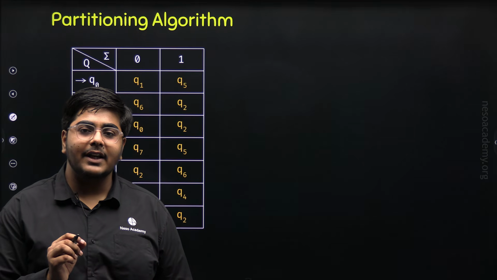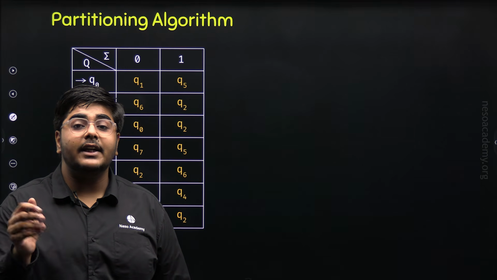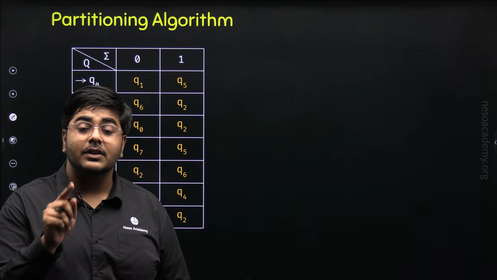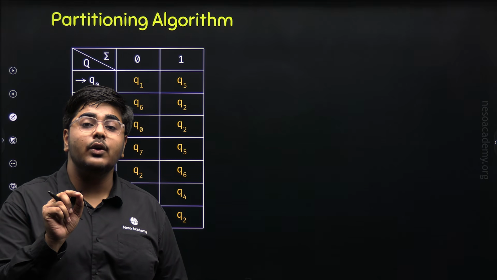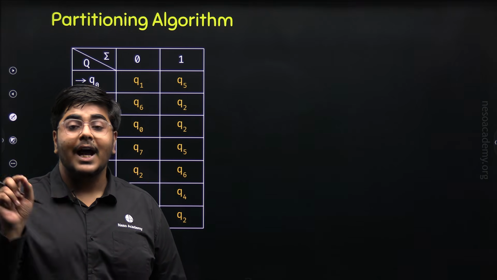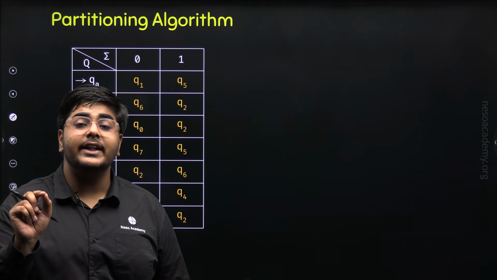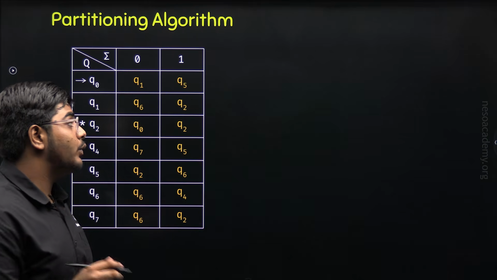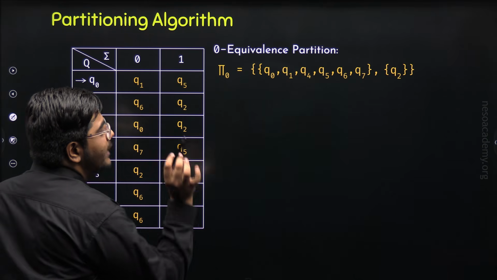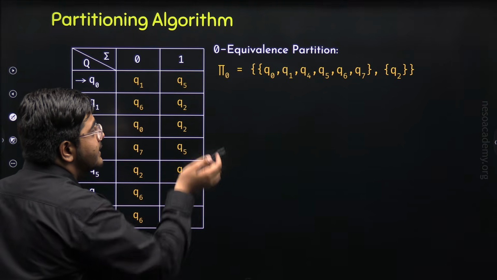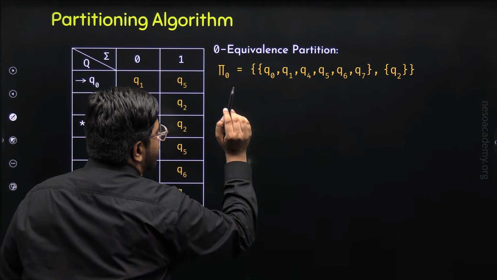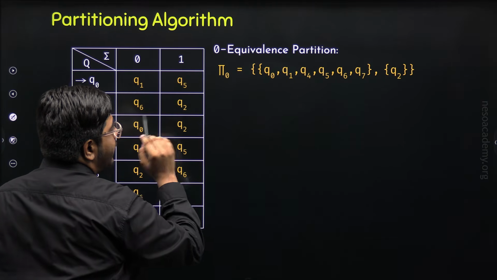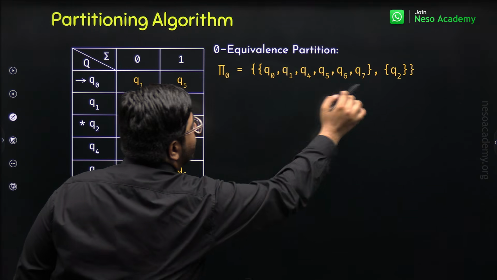What is zero equivalent? It is the set containing only two partitions. The first partition will contain only the non-final states, and the second partition will contain only the final states of our DFA. So let's see the value of zero equivalent. Zero equivalent, or we can call it zero equivalence partition, represented by pi naught, will be equal to two partitions.